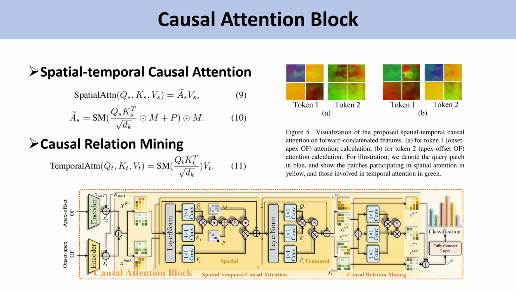Compared with self-attention, due to the constraint of causality, it ensures that as feature fusion deepens, short-range features only focus on short-range information. In addition, the proposed causal relation mining module deeply explores the association between the contraction and relaxation processes of microexpressions in long-range features through information interaction.